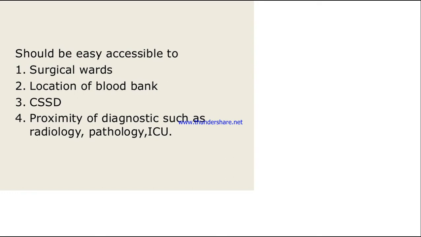Next, it should be easily accessible to the surgical ward. If there is any complication in the surgical ward, the patient can be transferred to the OT easily, or from the OT after the surgery, the patient can be transferred to the surgical ward. Next, it should be accessible to the blood bank. There should be proper access to the blood bank.